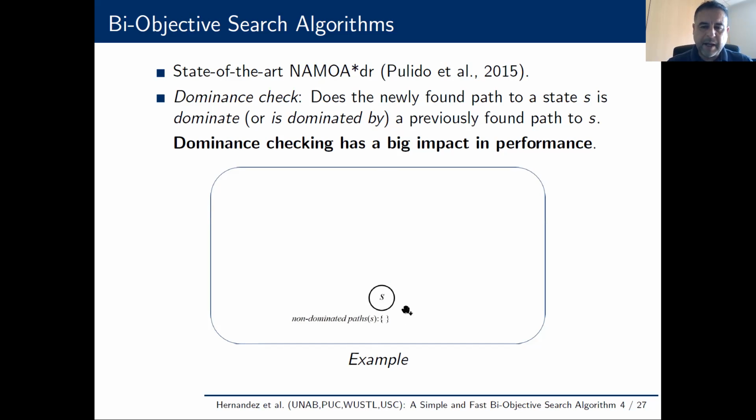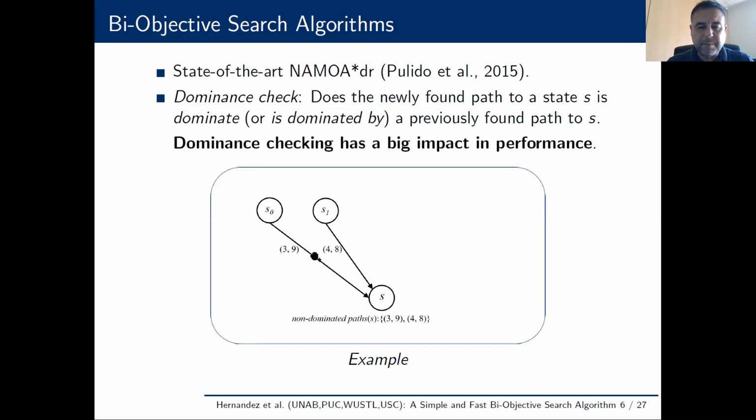Basically, here we have a state S. A new path arrived at S, or the search reached S with a path of cost 3, 9, and then a new path arrived with cost 4, 8.